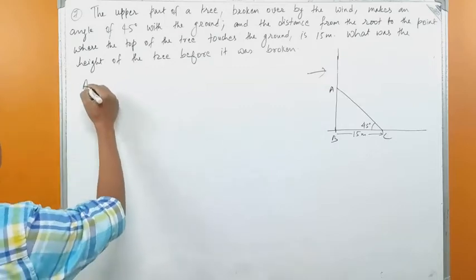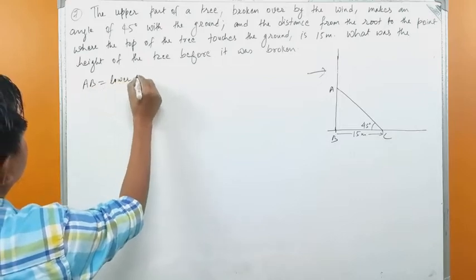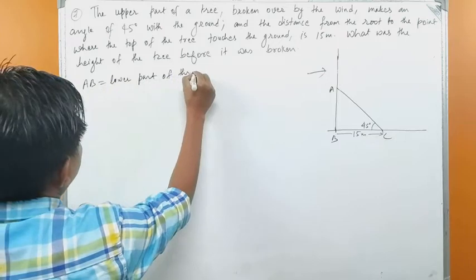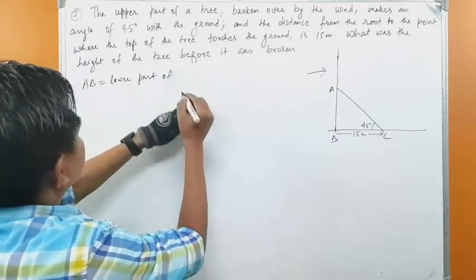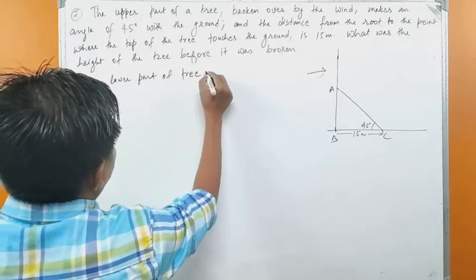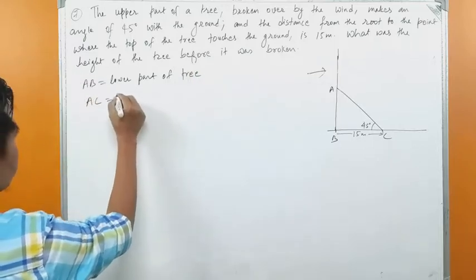AB equals the lower part of the tree, and AC equals the upper part of the tree.